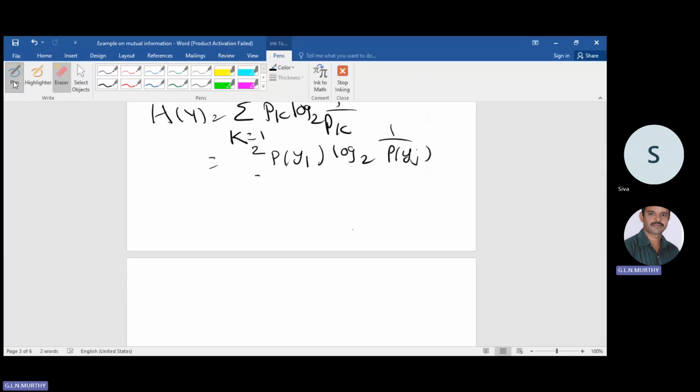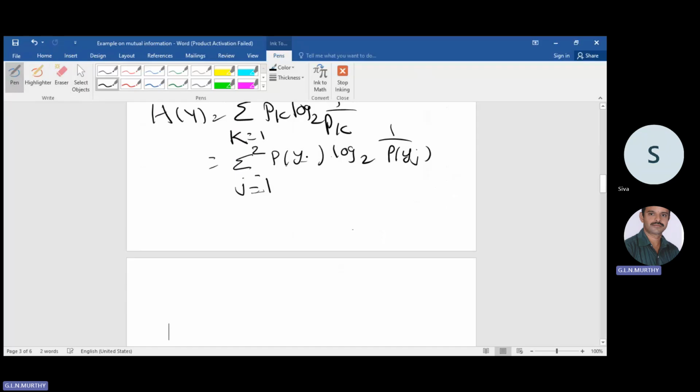So sigma j equal to 1 to 2. Why 2? Because there exist only two symbols. Being a binary channel, we have only two input symbols and two output symbols.